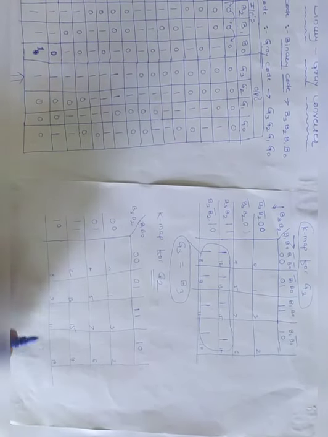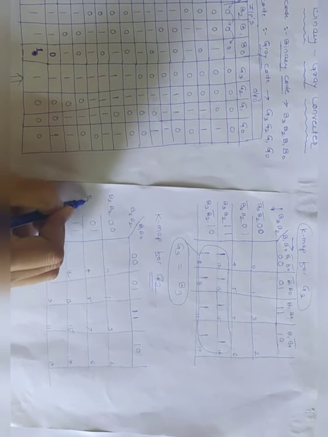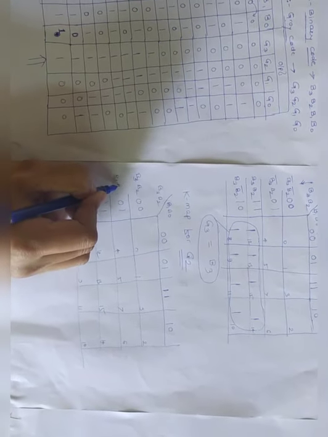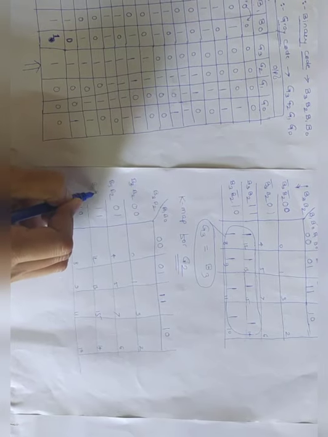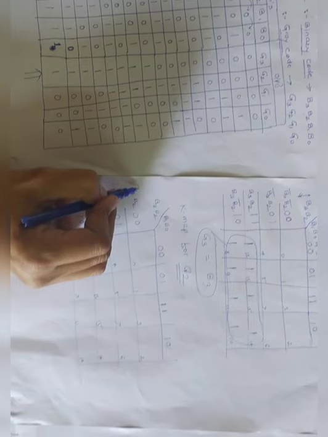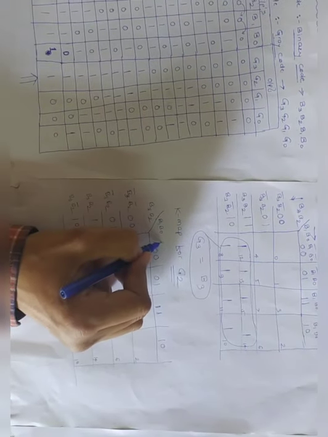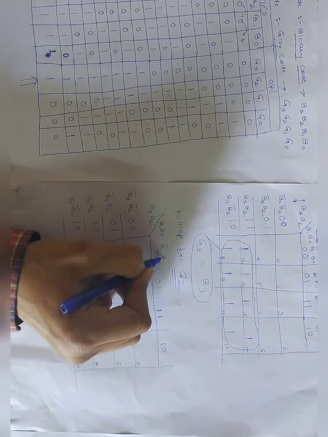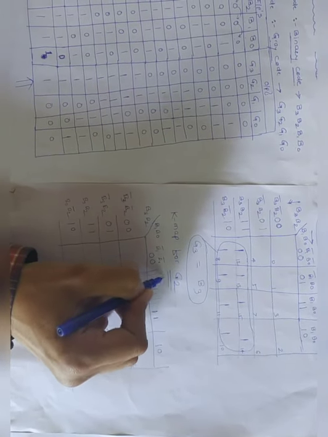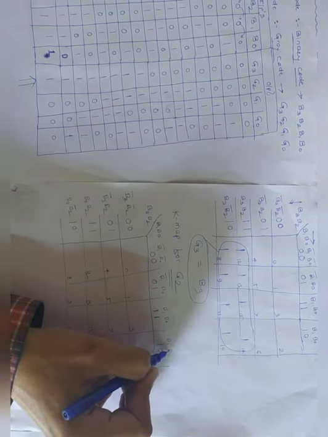Now these are the values of B3, B2. Then 0 complement, 0 complement. So these are the values of B1 complement, B0 complement, B1 complement, B0, B1, B0, B1, B0 complement.